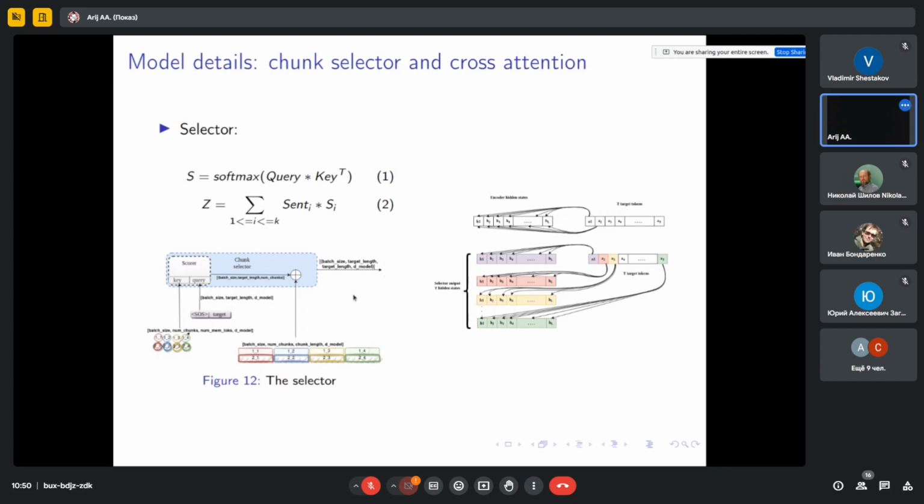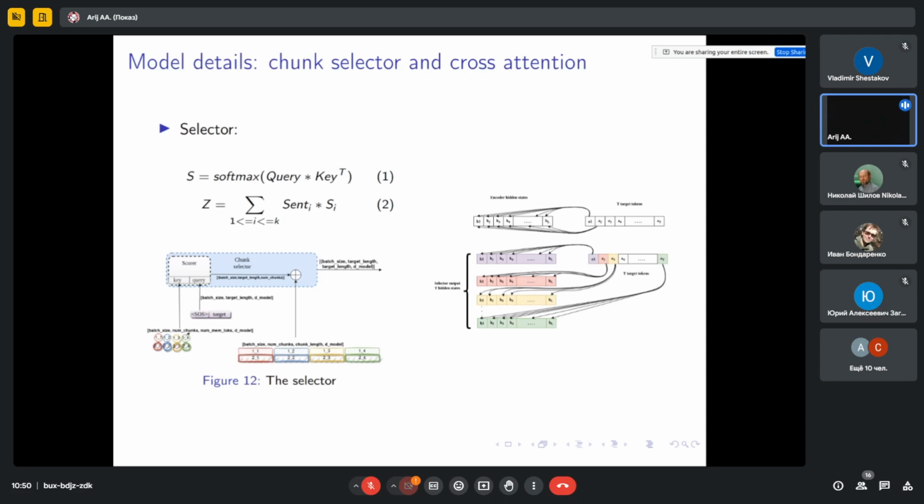But let us note that we have a separate representation for each target token, not as in a traditional transformer.